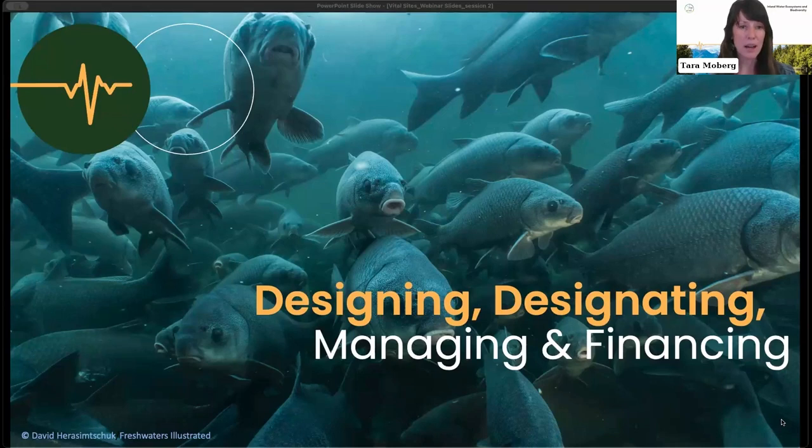And she rounded it out, underscoring the critical need to start with human rights, equity, and inclusion when considering any protections related to water resources. So I'll move to the latter half of the report, chapters 4, 5, and 6, that focus on designing, designating, managing, and financing protected and conserved areas as a tool to conserve inland water ecosystems and biodiversity.